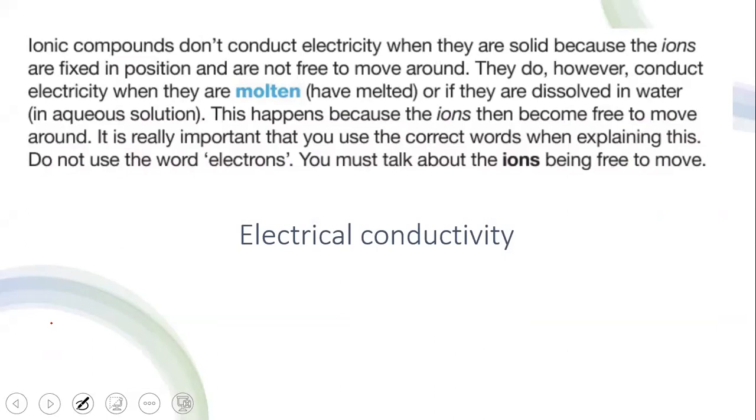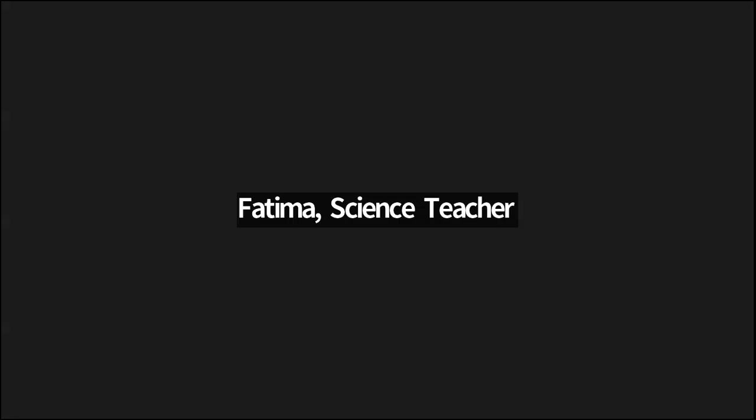Then the ions are free and they're able to conduct electricity. So that is what we know about their electrical conductivity. That's it for the topic of ionic bonding. Now let's move on to the next type of bonding that we need to know, and that is our metallic bond. Just give me 1 second.